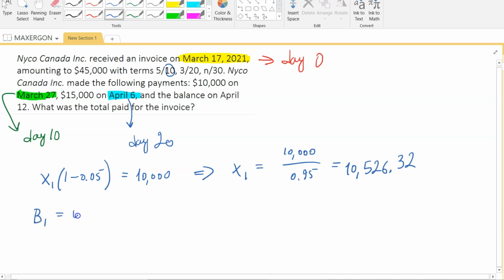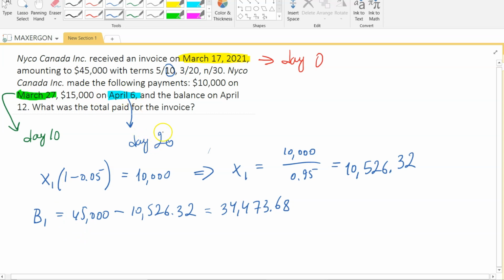The total on the invoice is $45,000. We'll subtract from this total the credit received. This is equal to $34,473.68.